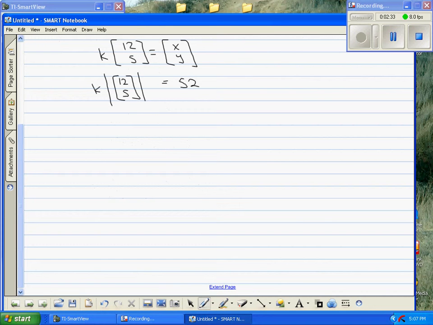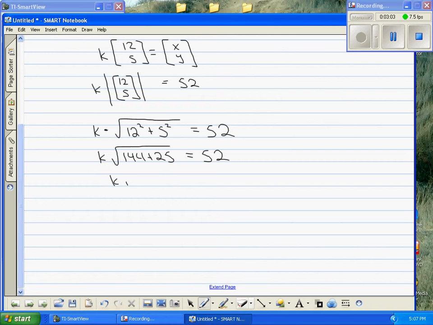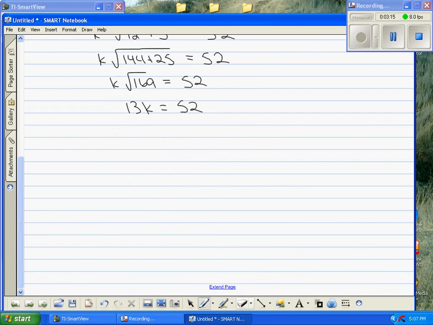I'm just going to use the Pythagorean theorem again: k times the square root of 12 squared plus 5 squared is 52. Simplifying this, k times the square root of 144 plus 25 equals 52, or k times the square root of 169 equals 52, or 13k is equal to 52.